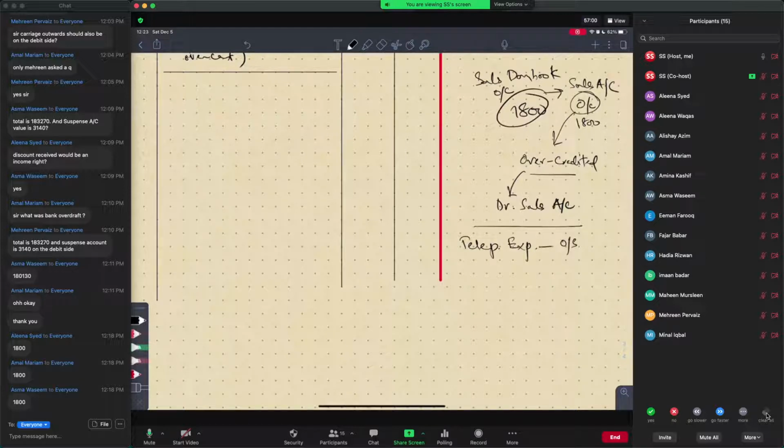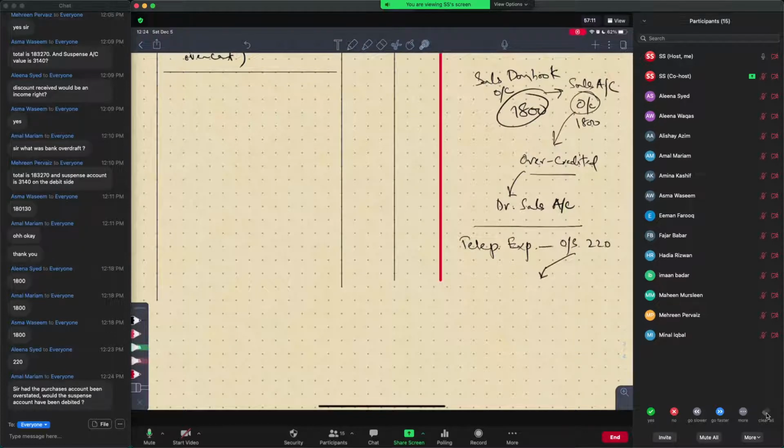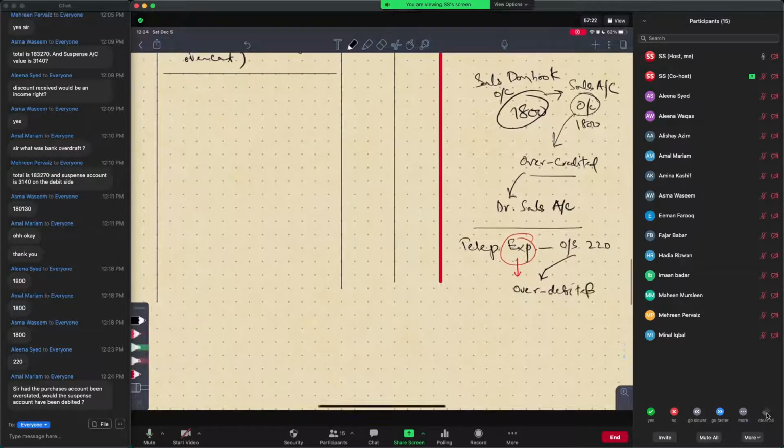What is the difference between 570 and 790? 220, overstated by 220. And now we will define what we mean by overstated depending on the nature. Since expense is always debited, overstatement means over debited, right? And if this is over debited, that means for rectification it should be credited.